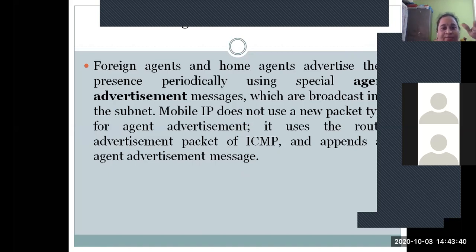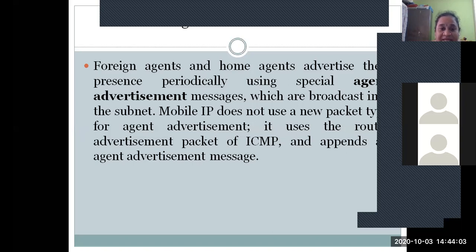But in common, mobile IP follows the agent advertisement or agent discovery procedure, agent solicitation procedure, and identification and data transfer. All these are commonly followed for all types of procedures, whether it is a home host or the receiver, whatever it is.